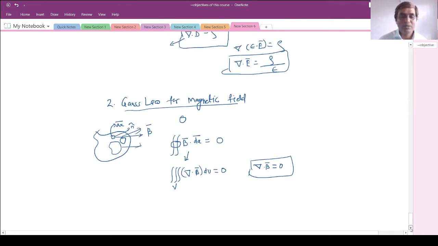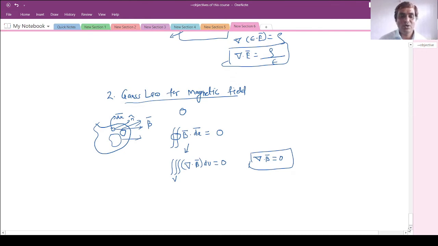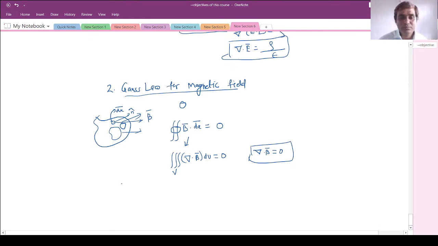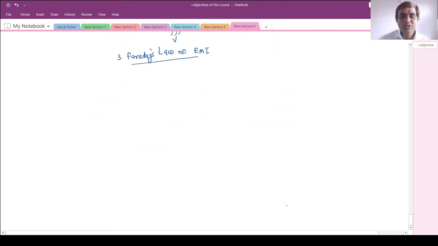Okay. Now next we'll see Faraday's law of electromagnetic induction. It relates the electric and magnetic fields. So let me first read out the statement.